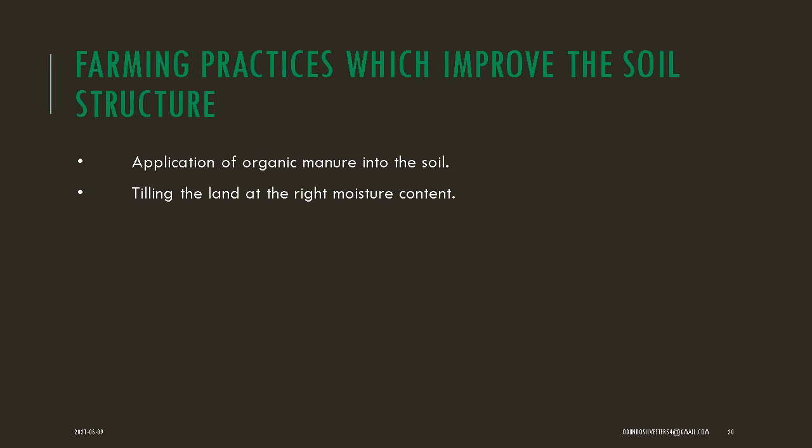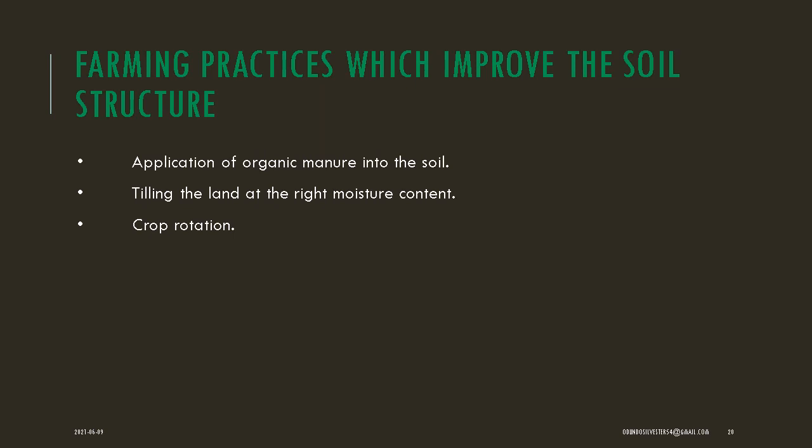So you need to consider tilling the land at the right moisture content in order to improve the soil structure. Now, when we're talking about crop rotation, we are talking about changing the cropping season with different crops. Like if this year you've planted beans, next year you plant maize, the other year you plant vegetables, in the same piece of land.